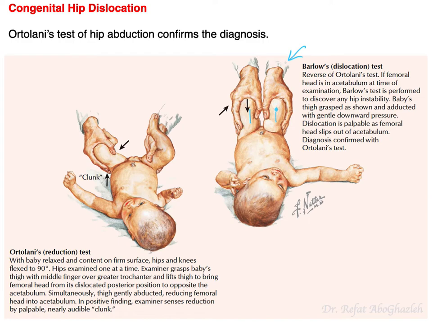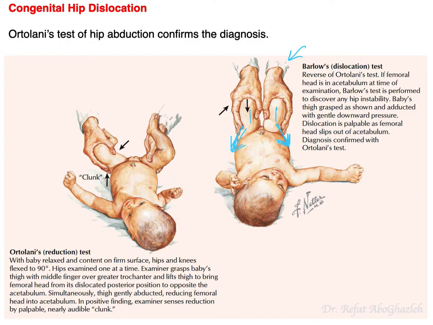Then with a gentle pressure against the thigh, you feel if any dislocation will occur posteriorly, and in this way you are examining any hip instability. If there is instability in the joint, it will be shown, and the joint will be dislocated posteriorly.